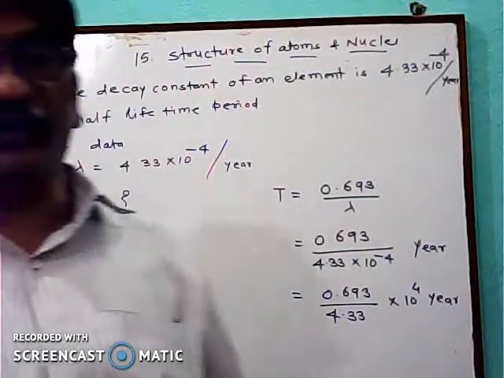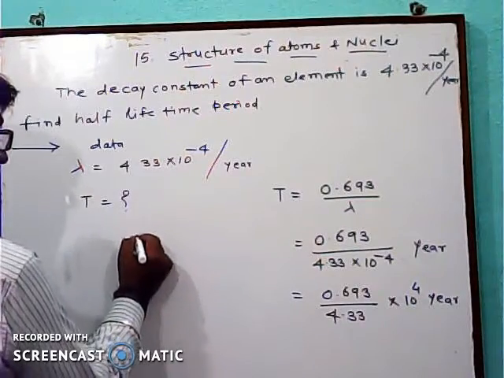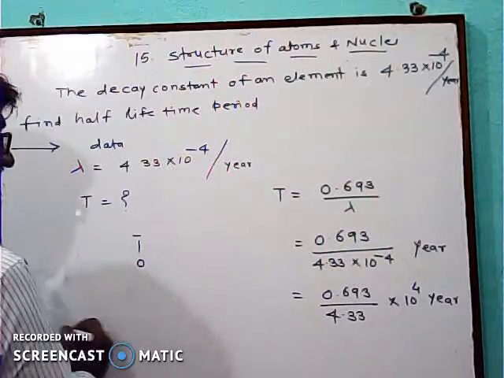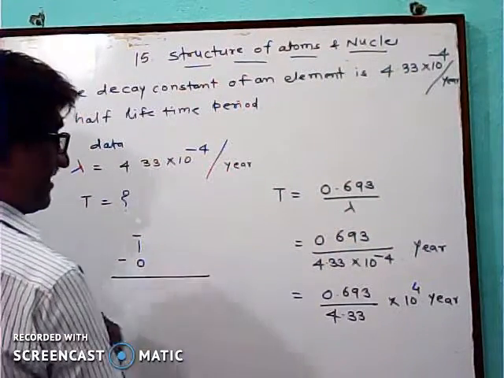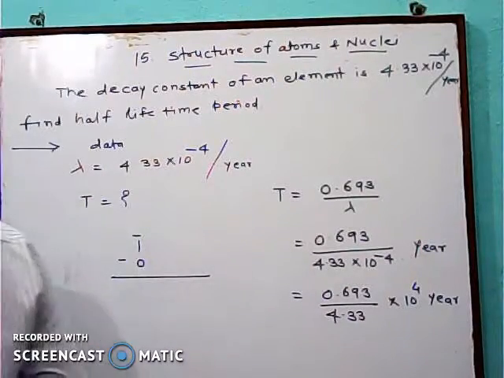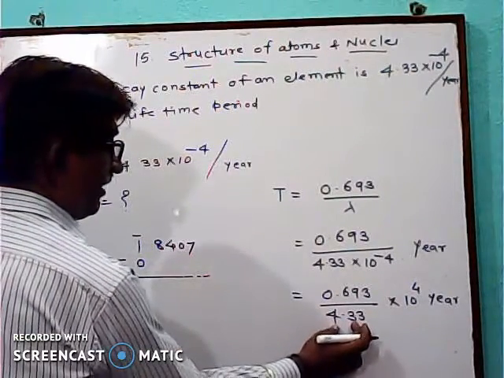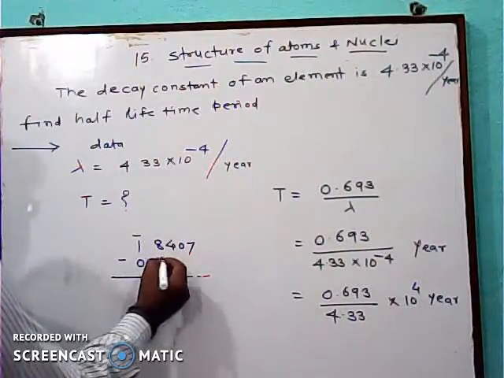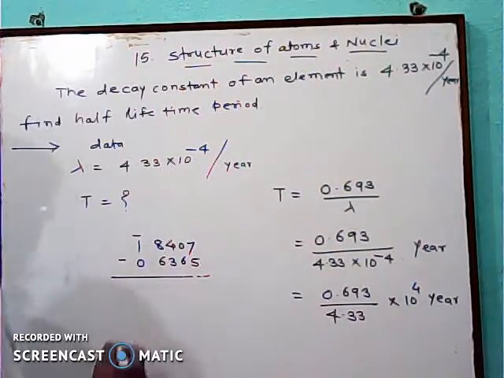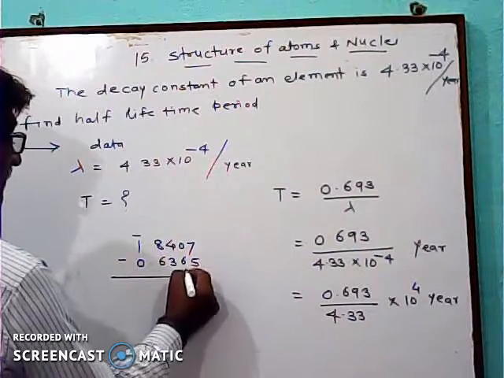Using the logarithmic table, we can find the characteristic for the numerator, that is bar 1, and for the denominator, that is 0. Subtraction is there. The logarithm of 69 in column 3 is 8407, and of 43 in column 3 is 6365. Subtracting: from 7, 5 is subtracted, 2 is remaining.